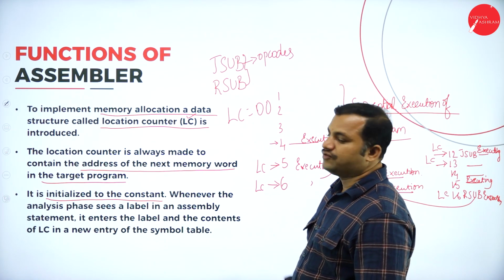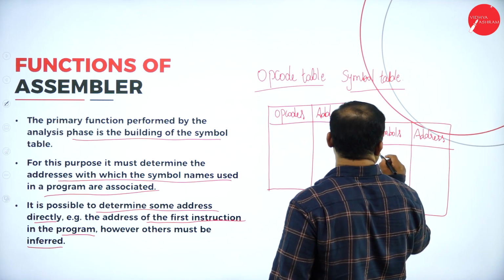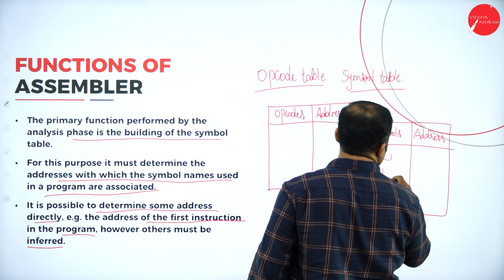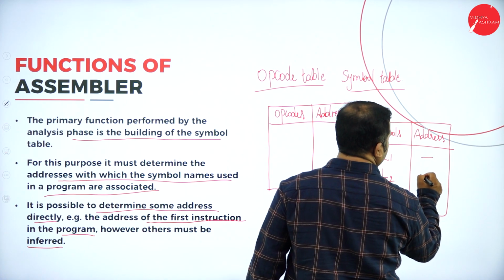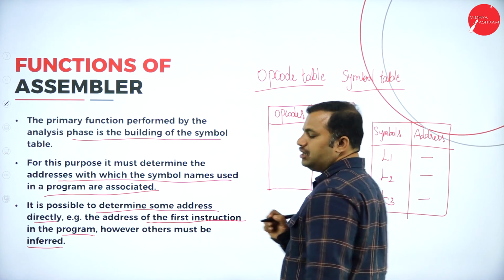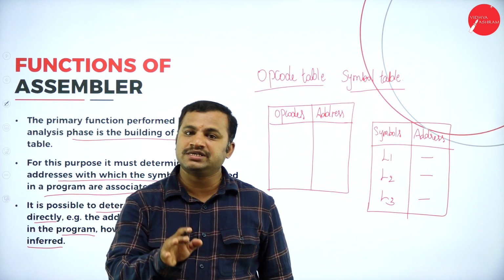If you have labels like L1, L2, L3, correspondingly it keeps the addresses initialized to blank in the case of SIC architecture.